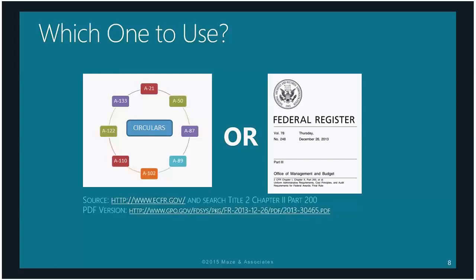So the update, as we discussed in webinar session number 1, took the 8 circulars and streamlined them into the Federal Register or the new uniform guidance. What this does is eliminate any duplicative and conflicting verbiage, so everything is all located in one document. I've provided links at the bottom for you to gain access to get a copy of the Federal Register.